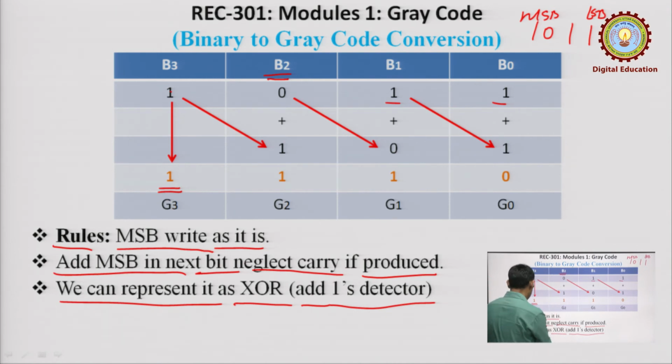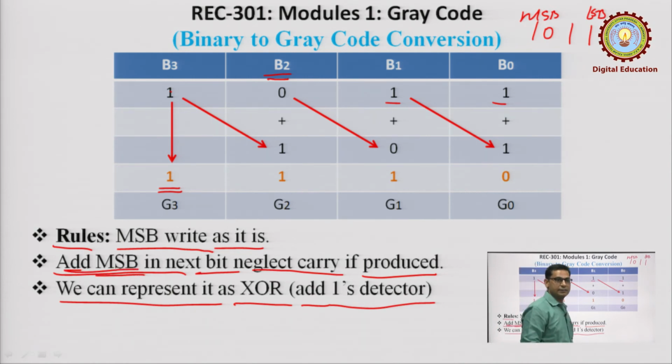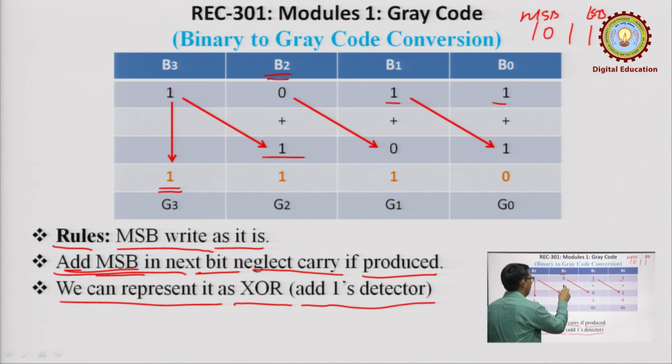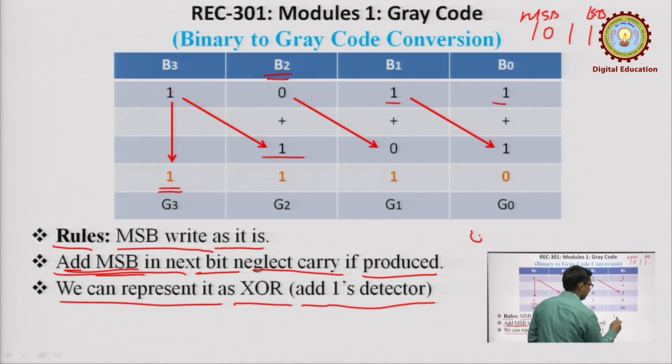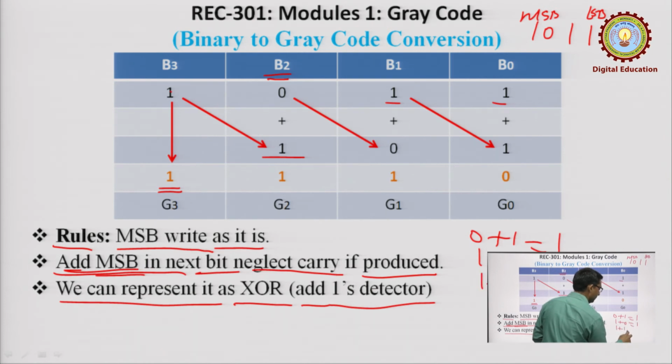We will add the MSB to the next bit. If we add this 1 here, okay, 0 plus 1 is equal to 1, we know in binary. 0 plus 1 is equal to 1, 1 plus 0 is equal to 1, and for 1 plus 1 the sum will be 0 and the carry is 1.